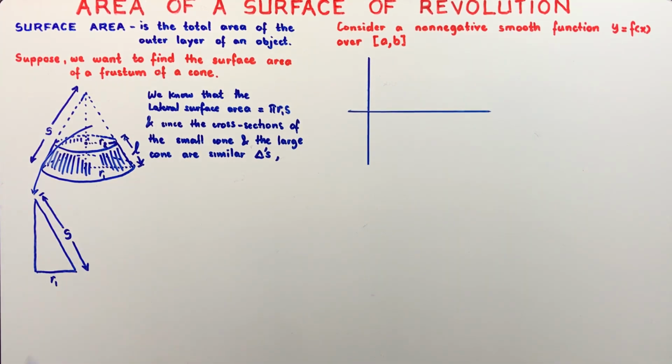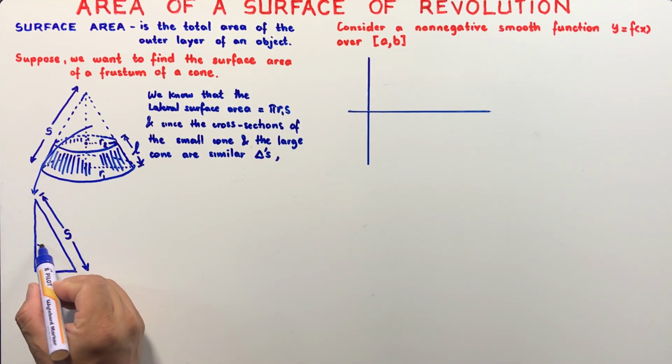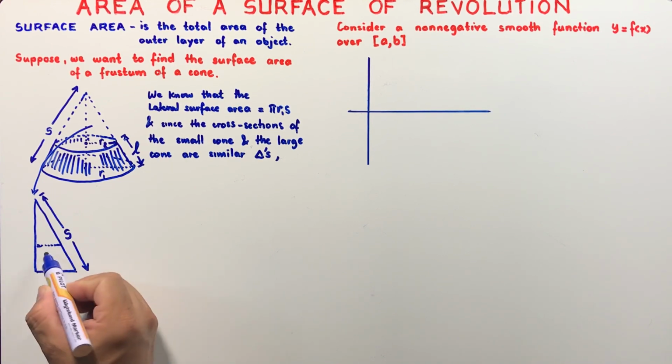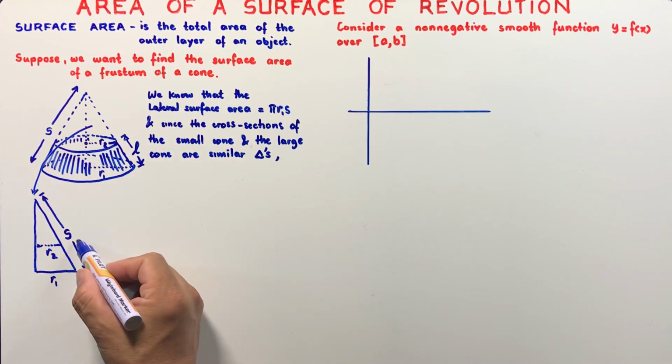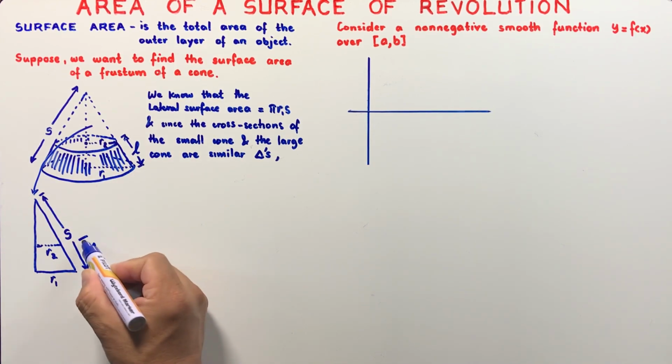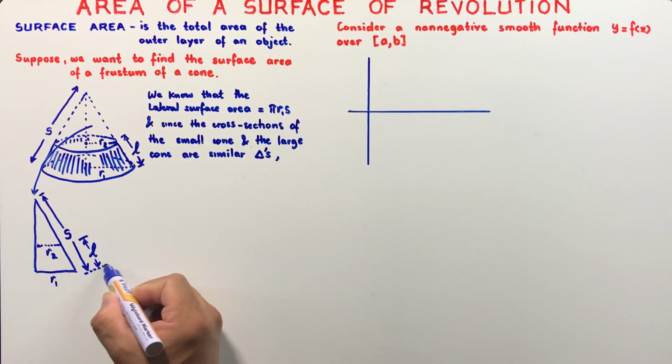But the smaller triangle, this one here, has a side of r sub 2 because this is the upper base of the frustum, and the slant height is L.